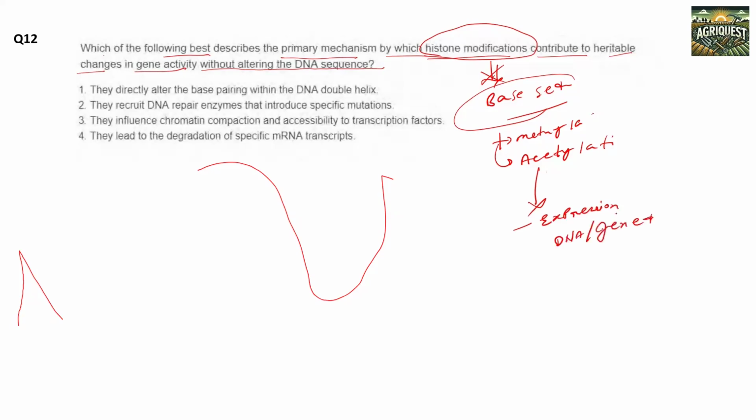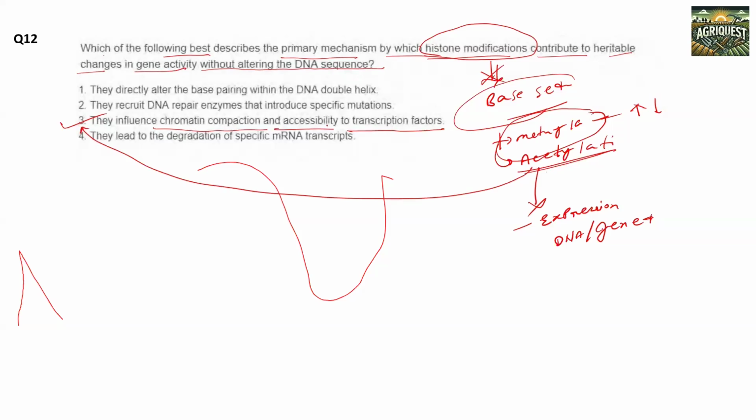If methylation is done, then maybe gene expression increases, maybe decreases. So the correct answer is that they influence chromatin compaction and accessibility to transcription factors. Acetylation helps reduce the compactness, and transcription factors can bind. Methylation increases the compactness, and acetylation reduces the compactness and increases accessibility to transcription factors to increase gene expression. So the third option is correct.